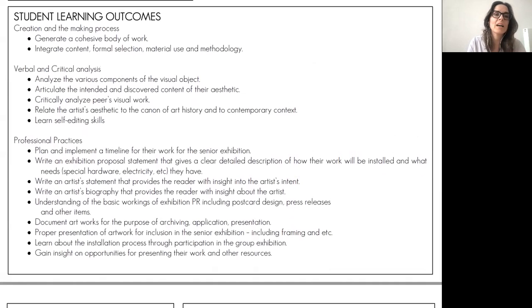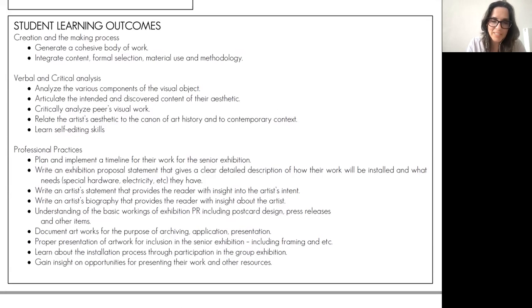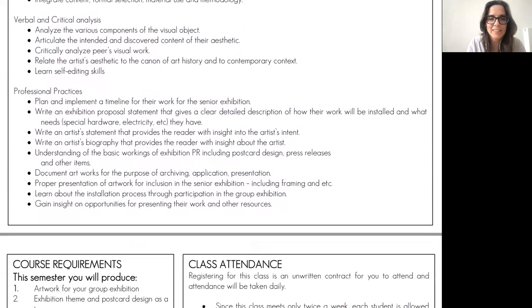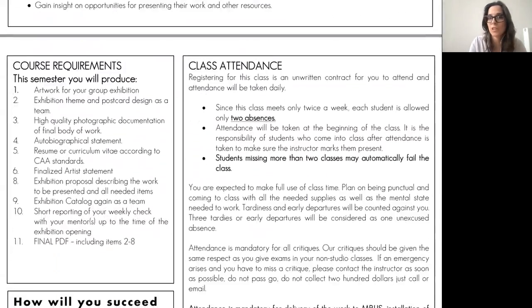You will plan and implement a timeline for the senior exhibition, write a proposal that gives a clear description of how your work will be installed and what needs you have, write an artist statement that gives the reader clear insight to your work, write an artist bio, understand the basic workings of exhibition PR, including postcard design, press releases, and other items, document your artwork, learn about the installation process, and gain insights on opportunities for presenting your work.